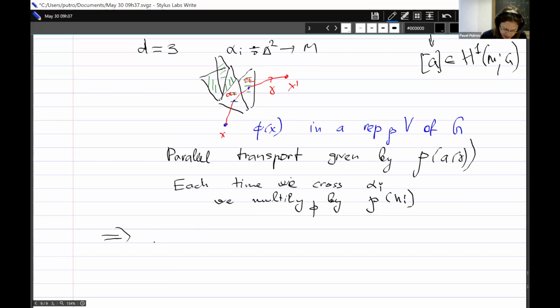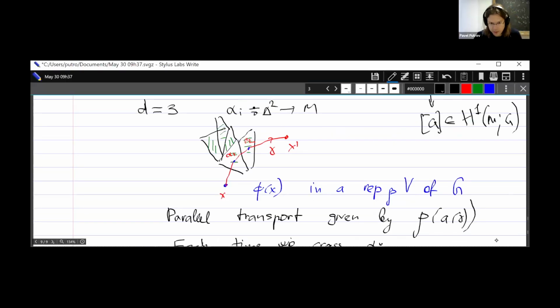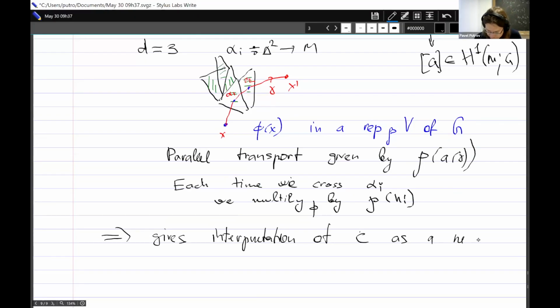And this gives an interpretation of this C as a network of what in physics are called charge operators.